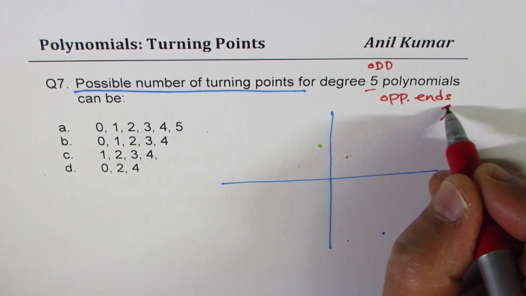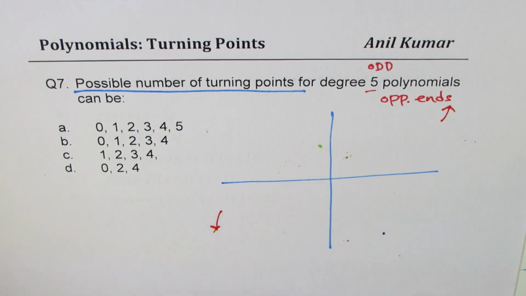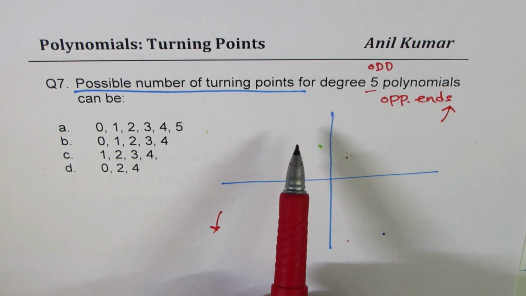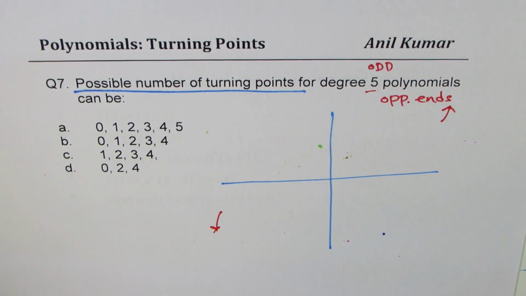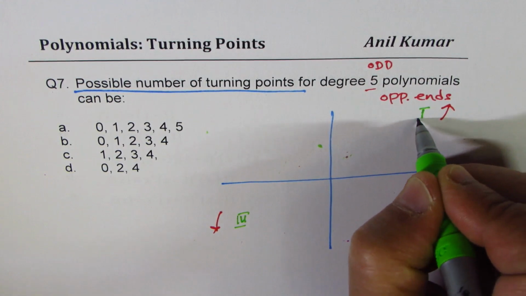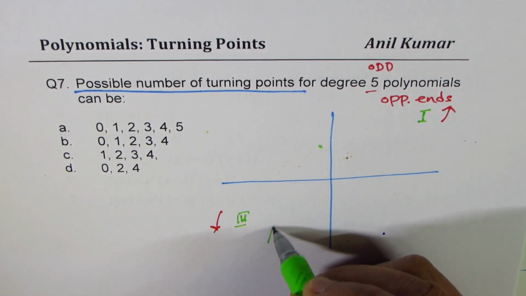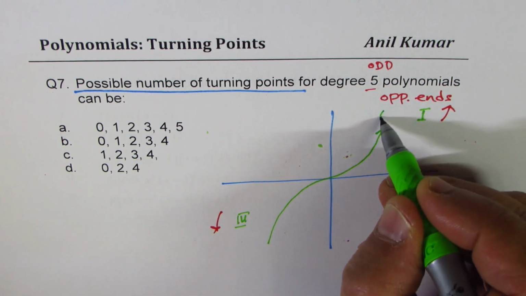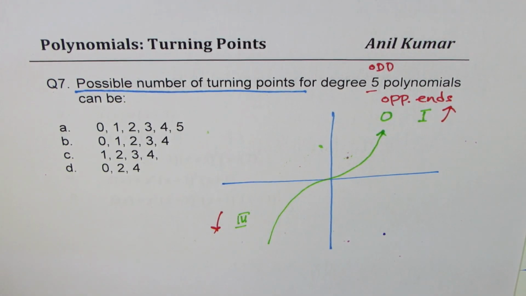Okay, so let's say this is one end and that's the other end. Now, if we have a degree 5 polynomial, we have to start from quadrant 3 and end here. So one way is to go direct, right? So how many turning points here? 0 turning points. Do you see that? Just go direct. 0 turning points.